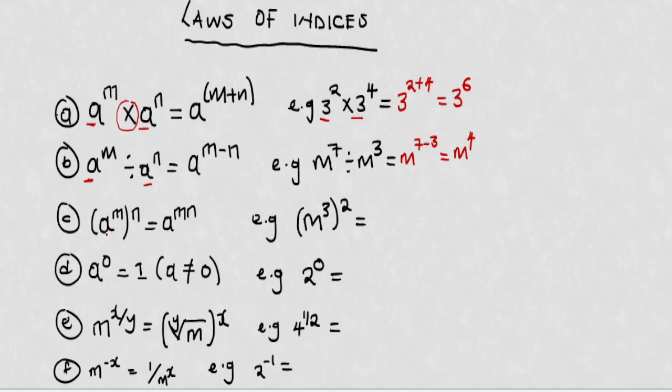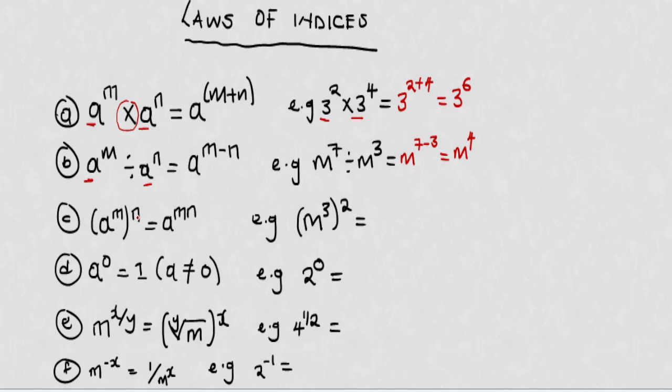Look at part C. If you have the power of a power, a base raised to a power, and that power has also been raised to a certain power, in short a power of a power, what you actually do is you multiply the powers. So we have a to the power m, then everything to the power n.